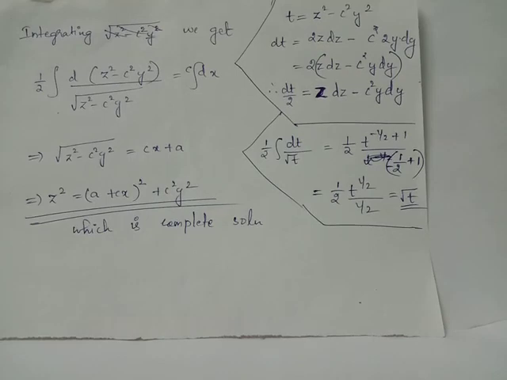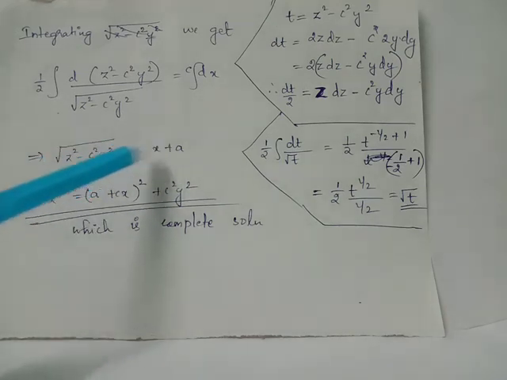And in the RHS, we have c into integral dx, which is cx plus a constant of integration a. When we square both sides, this can be written as z square equals a plus cx the whole square plus c square y square, which is the required complete solution involving two arbitrary constants c and a.